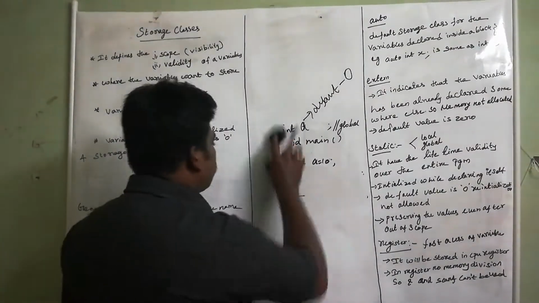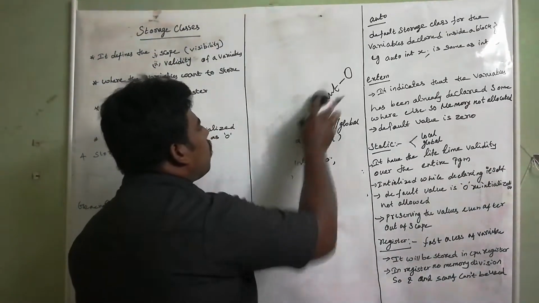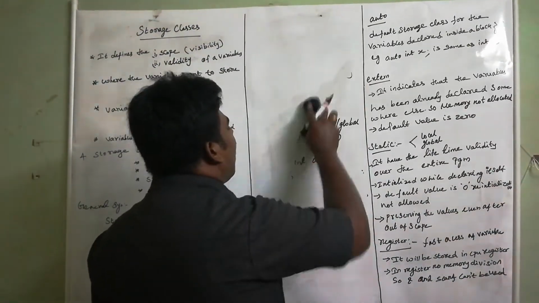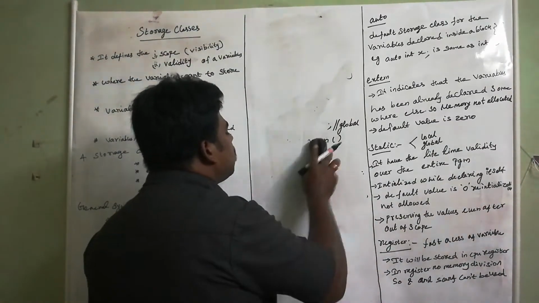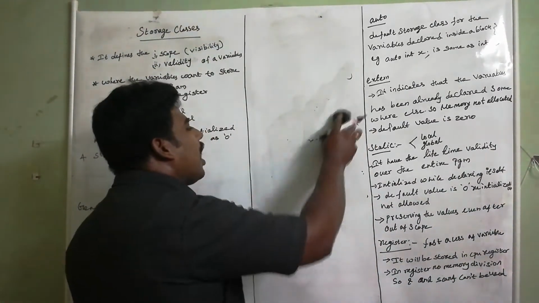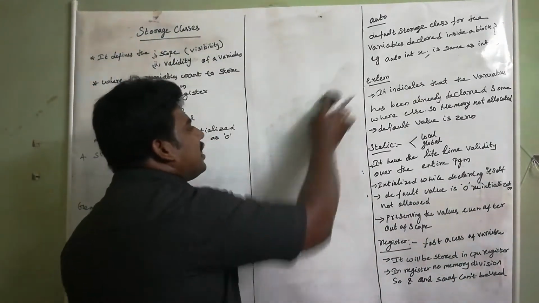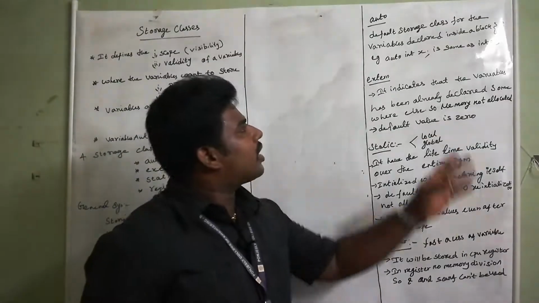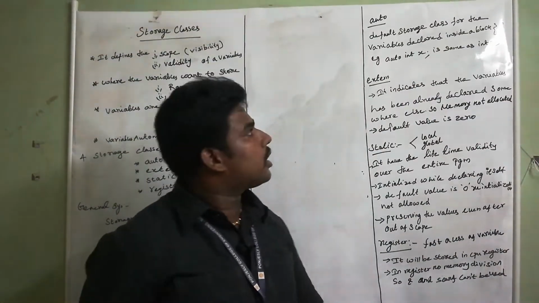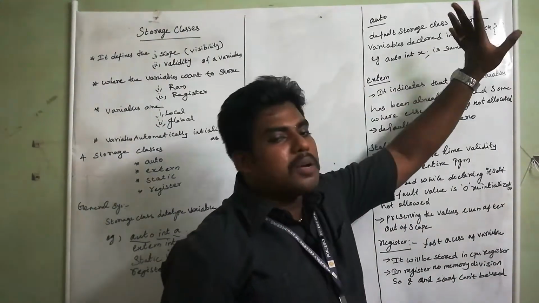At first we can see about auto. What is auto? Auto is a storage class mainly used for local variable declaration. It is the default storage class for a variable declared inside a block.